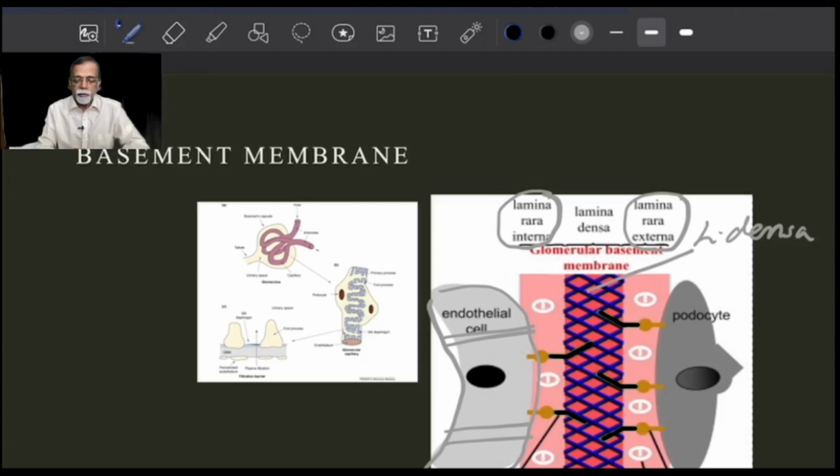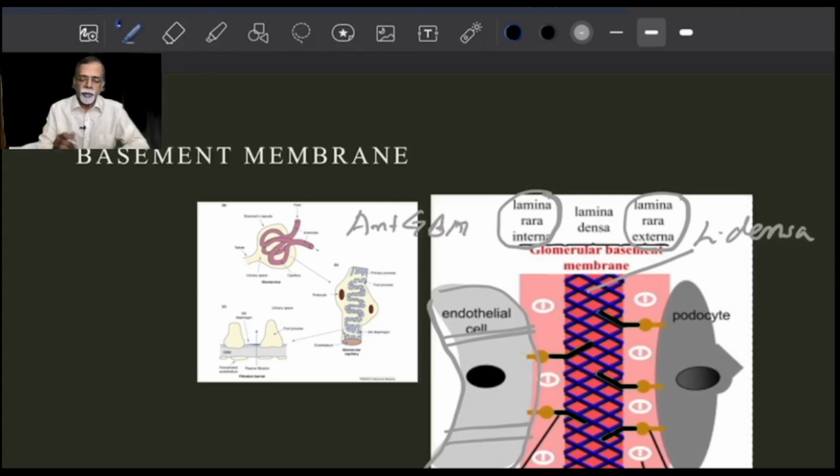Sometimes antibodies can be formed against the proteins of the basement membrane, and these are called anti-glomerular basement membrane antibodies, anti-GBM antibodies.